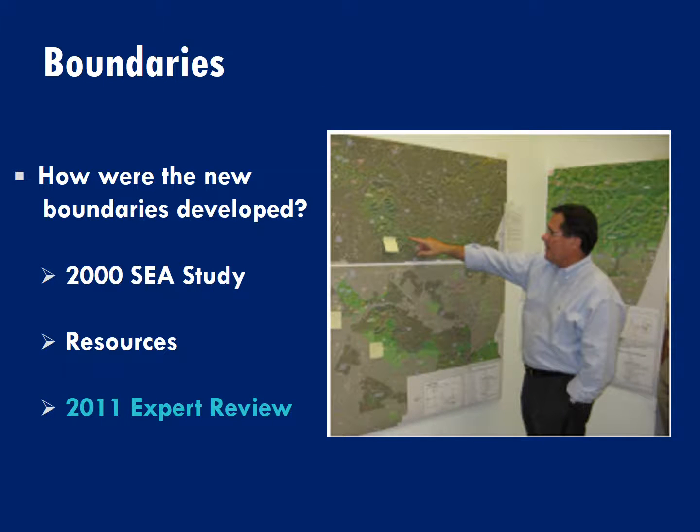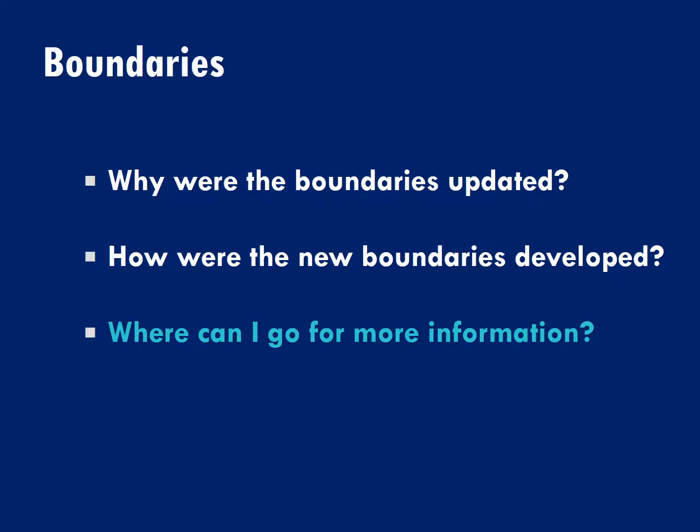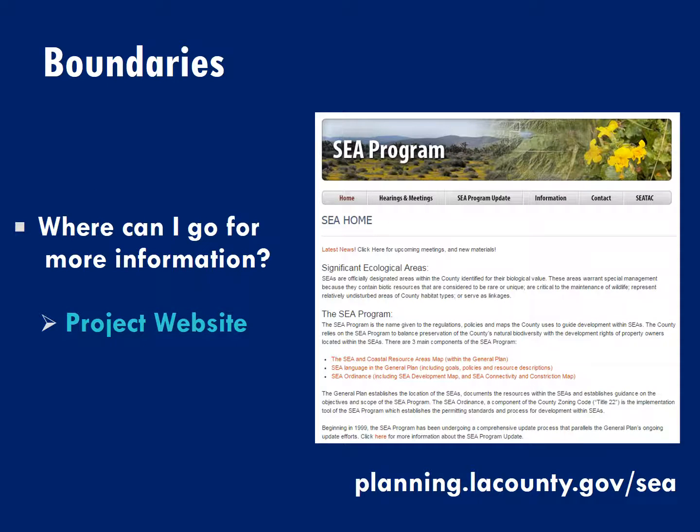An expert panel also reviewed the study in 2011 and not only agreed with the proposed boundaries, but recommended further expansion as well. Where can I go for more information? The project website should have everything you need to learn more about the SEA boundaries.